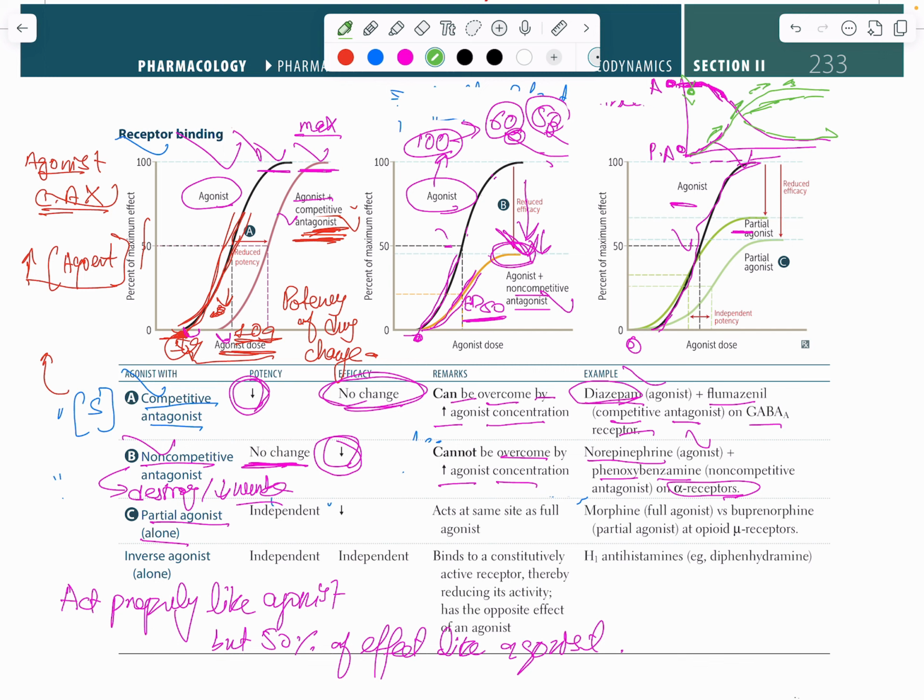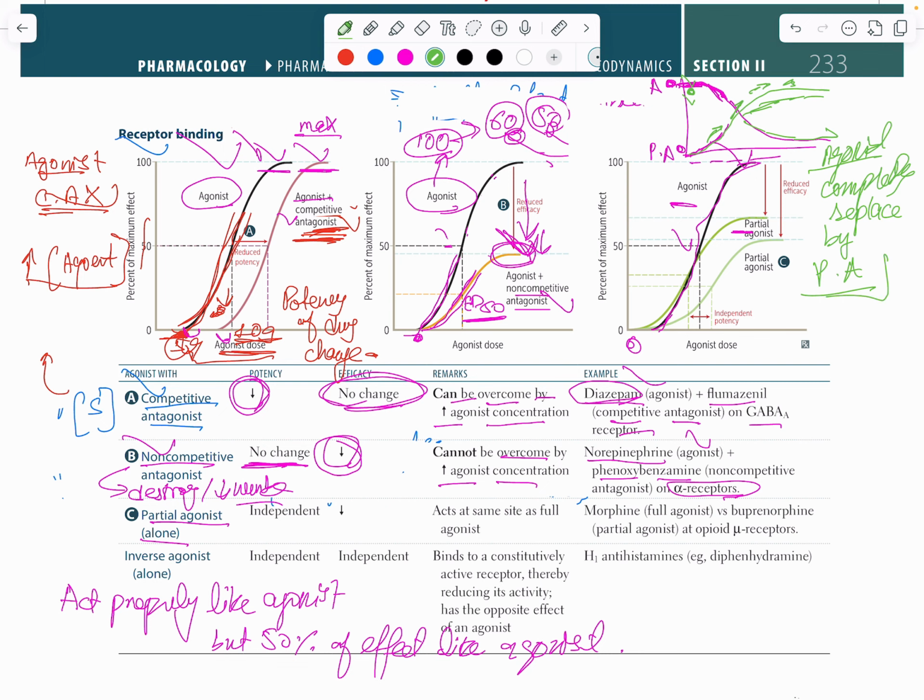The main point is that the agonist will be completely replaced by the partial agonist. And when the partial agonist replaces all the agonist, the effect will decrease.